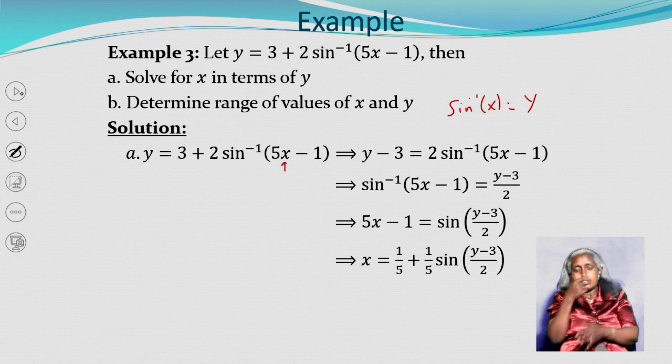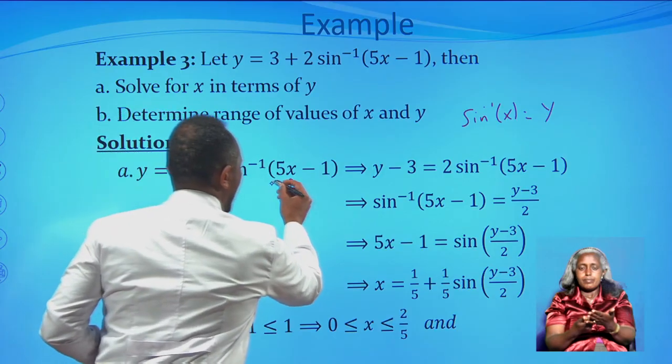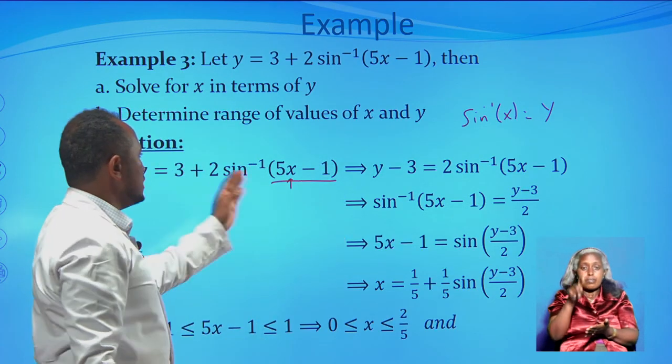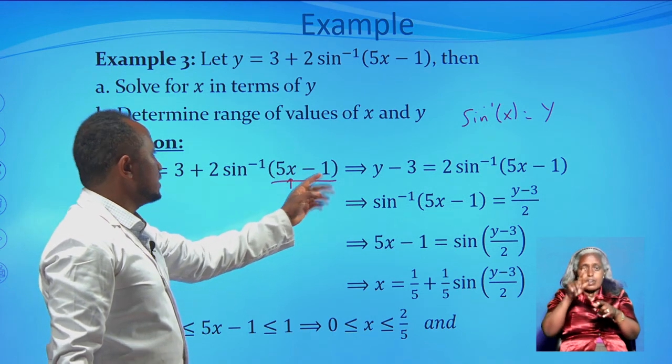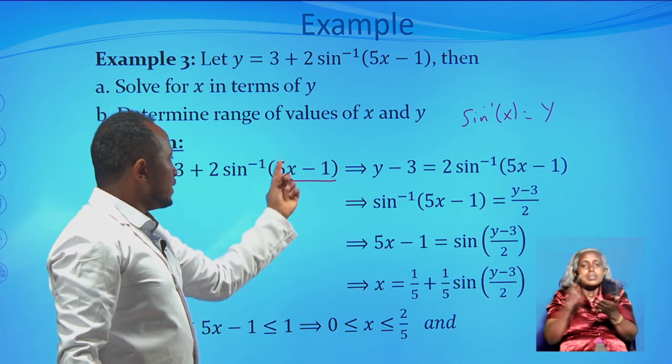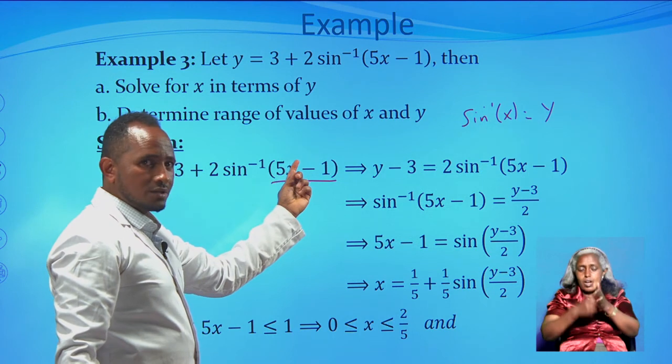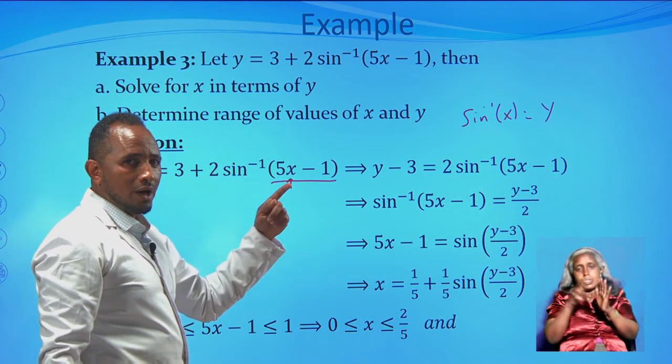And here we are also asked to determine the range of values of x and y. Okay, here sine inverse of 5x minus 1 will be defined when this value is between -1 and 1.